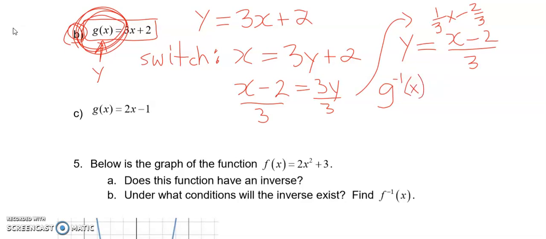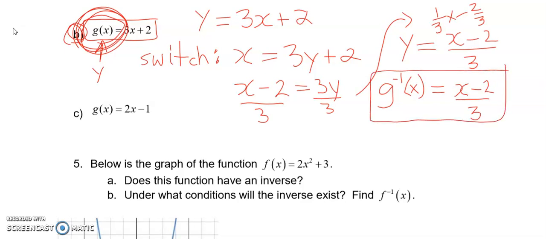That's your inverse function notation. And then you write equals x minus 2 over 3, and now you're finished. Now you're done. So that's how you calculate the inverse of a function.